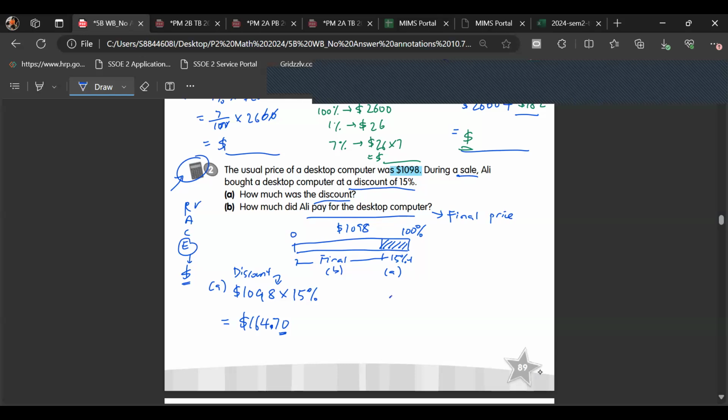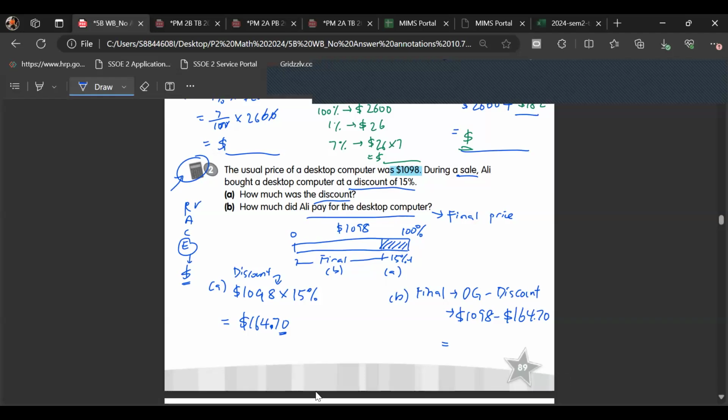Then part B, final price. That will be the original price minus the discount amount. So that's 1098 minus 164.70 equals.